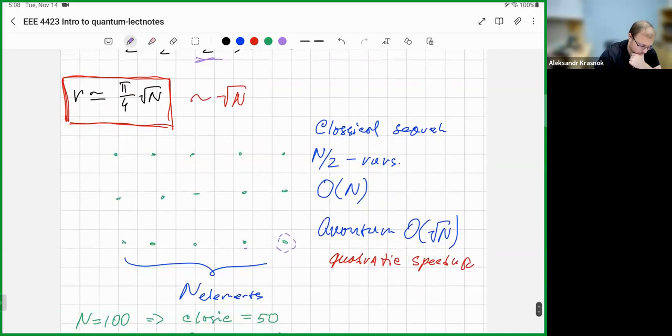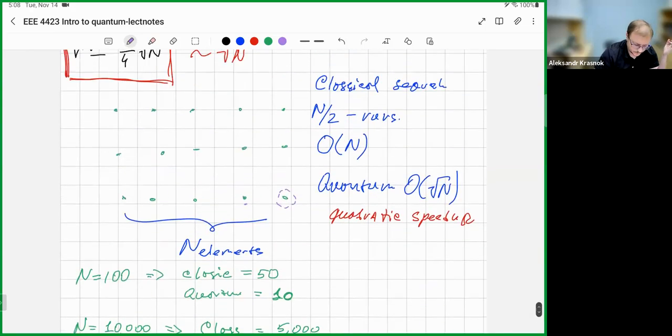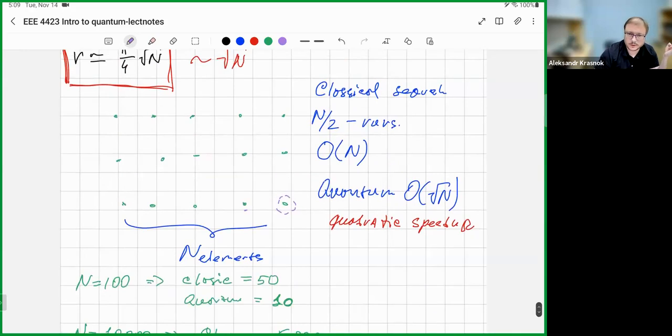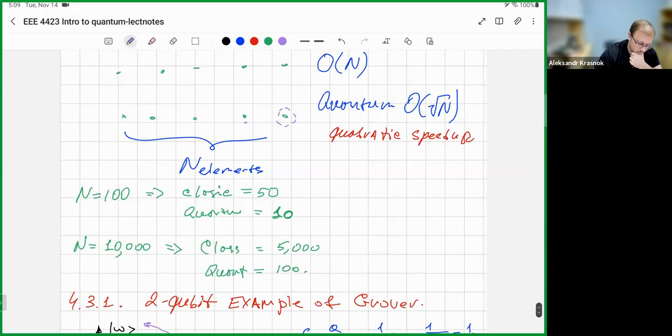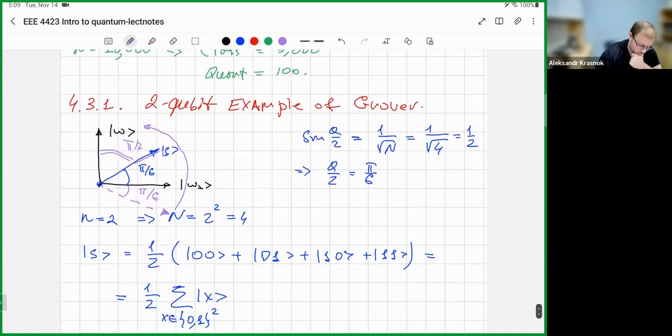For example, in a system of n different elements, the number of iterations is equal to the square root of n. It is drastically different from the number of classical search iterations, which is roughly n over 2. So using this algorithm, we get a quadratic speedup of the search.